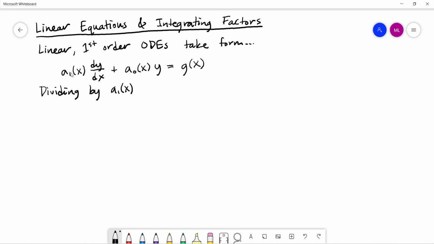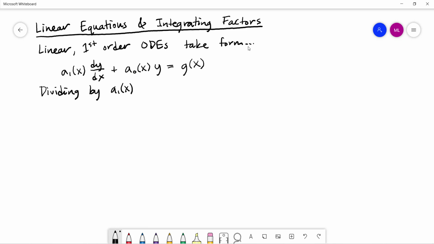But if this coefficient is 0, that makes this whole thing not a differential equation anyways, because this term is gone. So you need to worry about it being 0 because we're dividing by it, but at the same time you don't need to worry about it because if it was 0, we wouldn't have a differential equation, and in that one particular case, we could solve it as a simple algebraic equation.